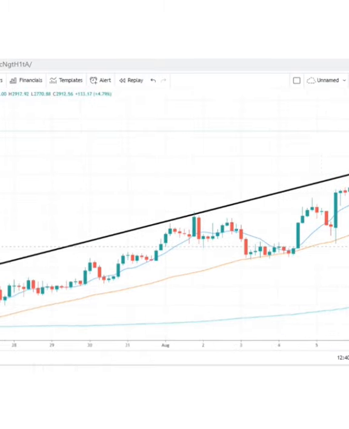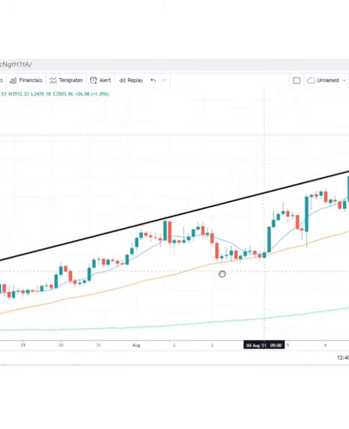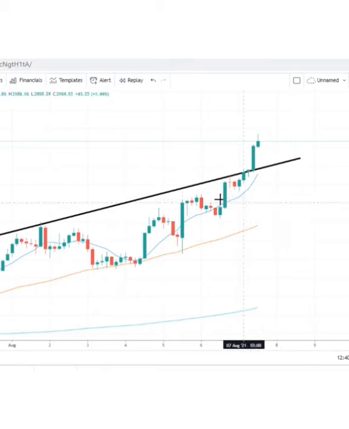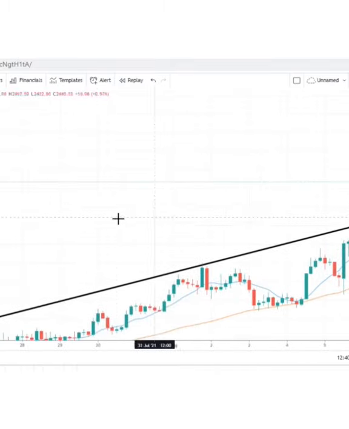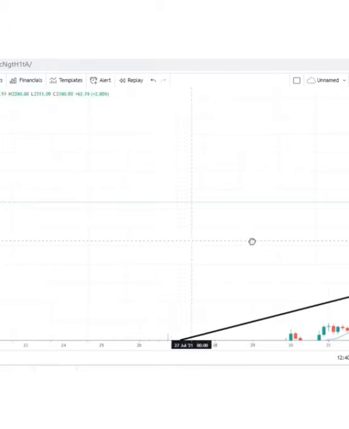So guys, you need to start thinking of how to buy. This is the right moment for you to buy Ethereum.